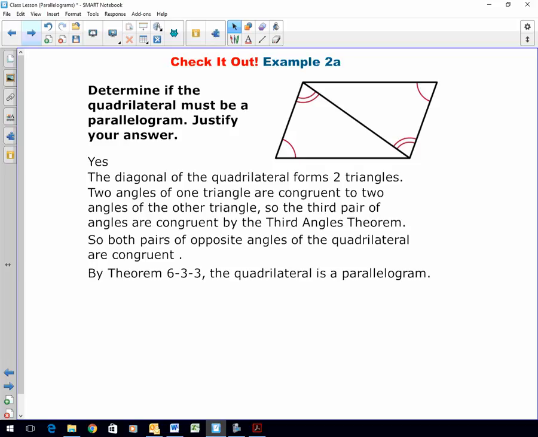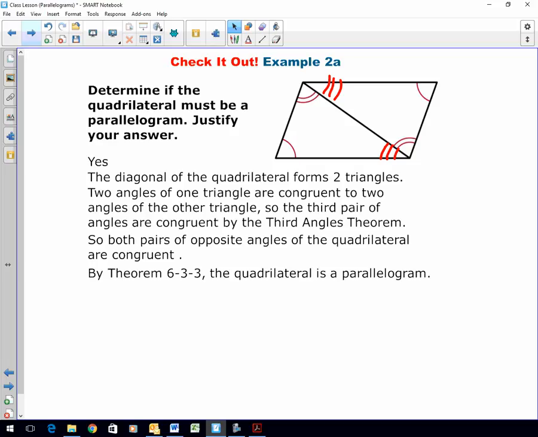Determine if this must be a parallelogram. Okay. This quadrilateral forms 2 triangles. It says 2 angles of one are congruent to 2 angles of the other. That means that, of course, these angles are congruent to each other. Inside of that, that means that both pairs of opposite angles are congruent.